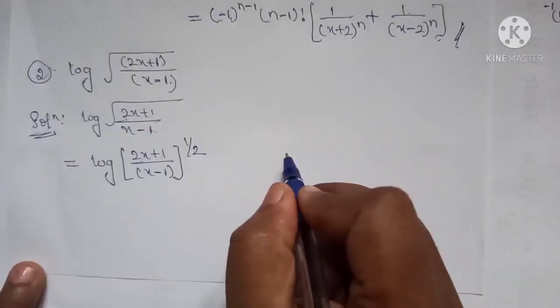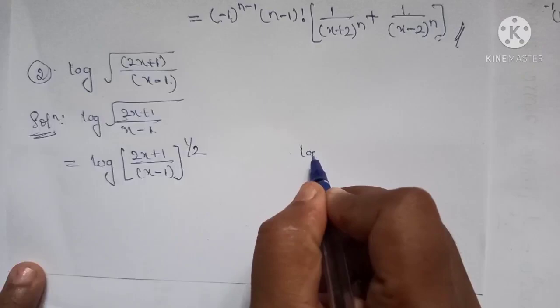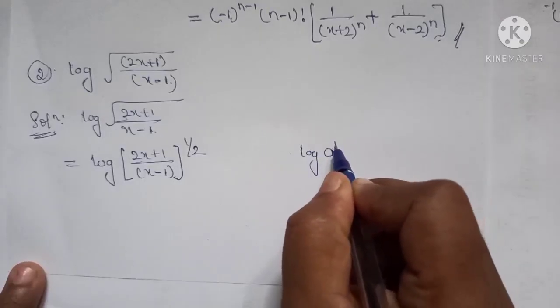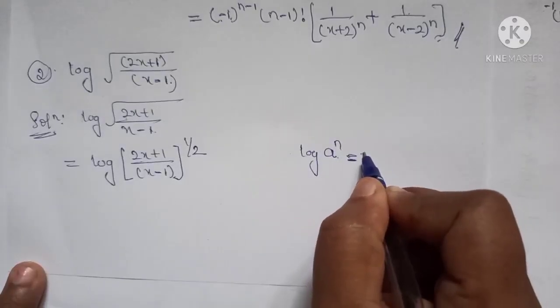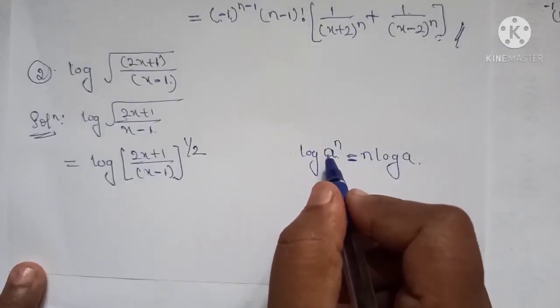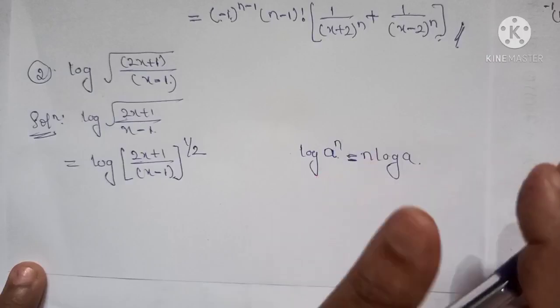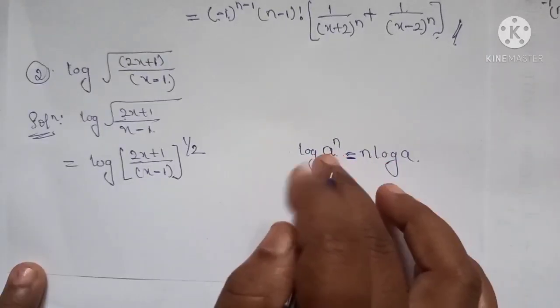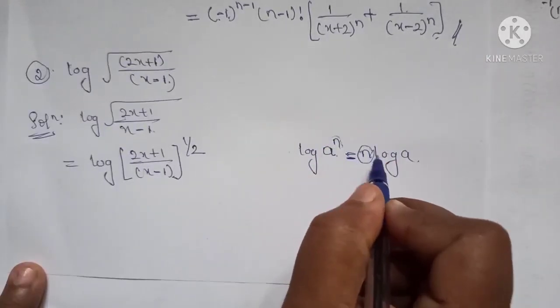Then we use the formula that log of a power n can be written as n log a, or x you can take it as m raised to n. So the power can be brought out as n log a.